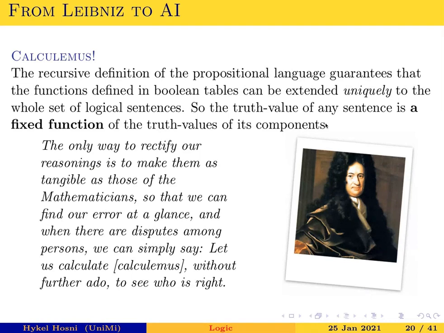who in this sense is to be considered one of the forerunners of artificial intelligence, because he said, give me a precise enough language, okay? The parsing tree gives us the precise enough condition, and define your terms meaningfully, as we did with Boolean tables. This is really sufficient to solve all disputes among people, okay?